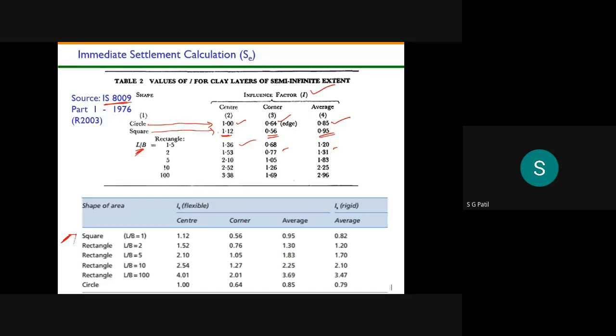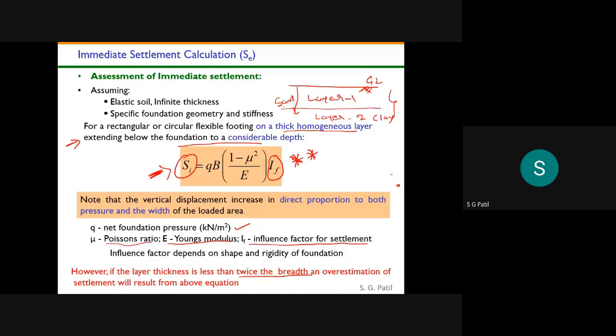So in the examination, what will they give? They will give this influence factor directly. If you are asked to find the settlement at the center of the footing, they will give the corresponding influence factor. Or if they ask you to find the settlement at the corner of the footing, they will give you the corresponding influence factor.